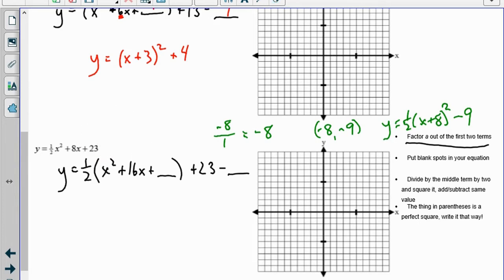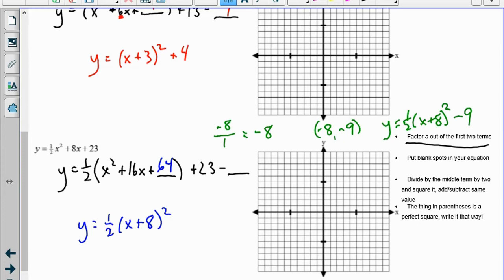Now, let's figure out what to do. We have 16 divided by 2 is 8. Then we're going to square that and get 64. Okay, 8 squared is 64. So we just added 64. Oh, wait a minute.